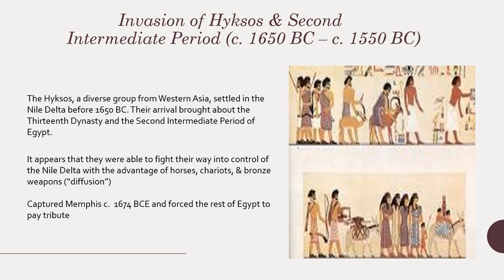The second intermediate period comes down. This time, not so much because of a breakdown of centralized authority, although there was some of that, but mainly because of an outside invading group, the Hyksos, a diverse cultural group from Western Asia, and they settled in the Nile Delta. The Egyptians couldn't push them out, and this was a problem, of course.